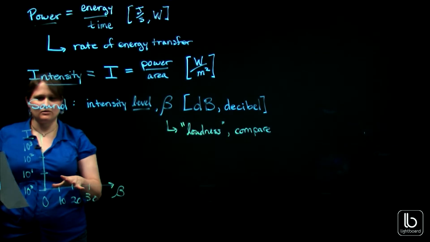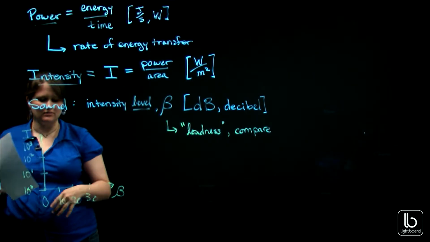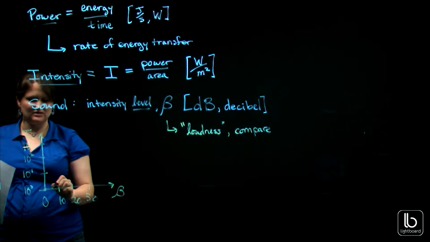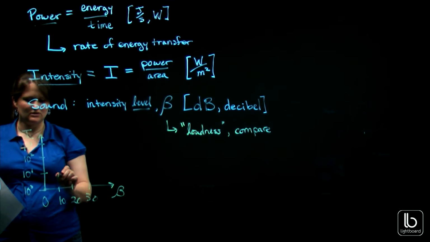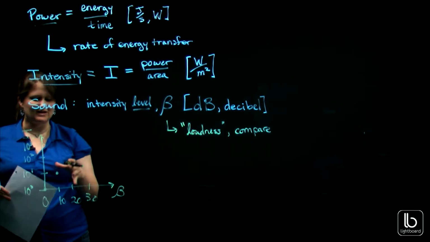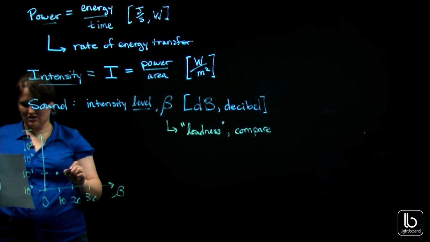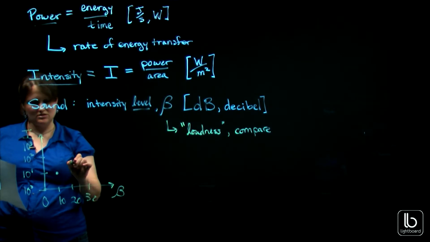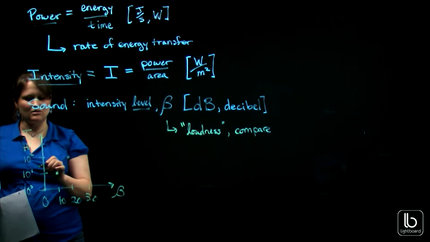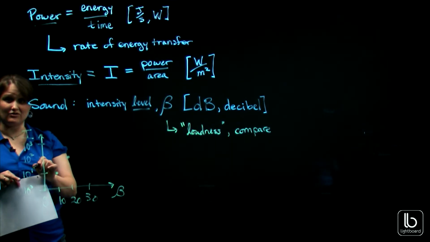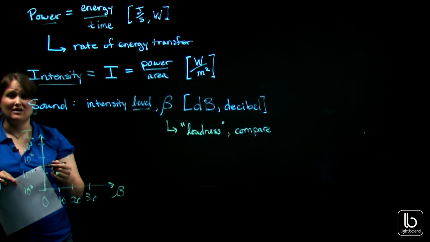Now, the way this will look then is if I have something that is 10 decibels, that may have an intensity of 10. This is just a really rough example. I may be able to double my intensity level, but what that does to my intensity itself is multiply it by 10.